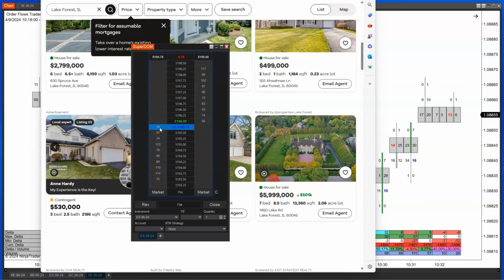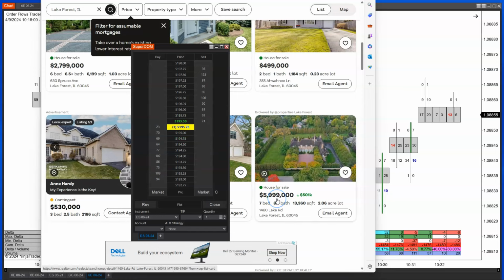So for this house to trade, the seller would have to go down and hit that bid at 5.5 million, or the buyer would have to go up and lift the offer at 5.9. That's the difference between aggressive buying and aggressive selling.